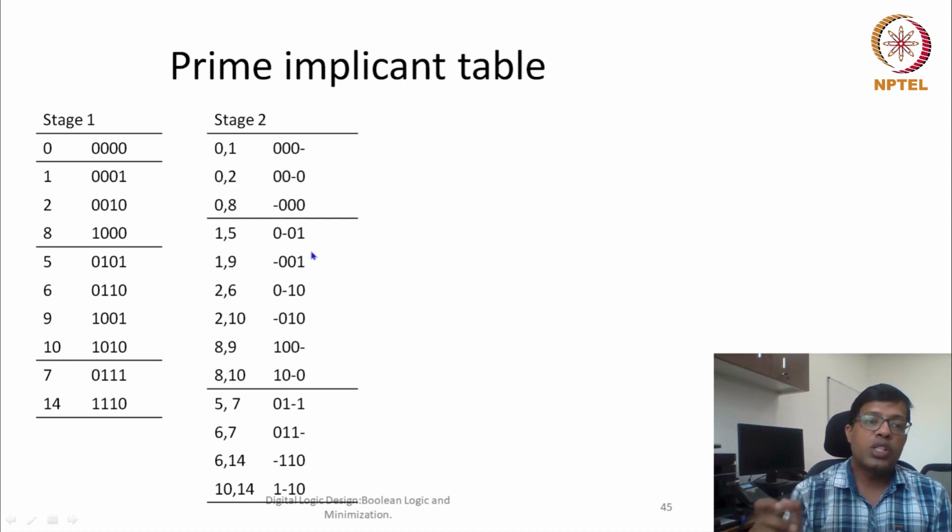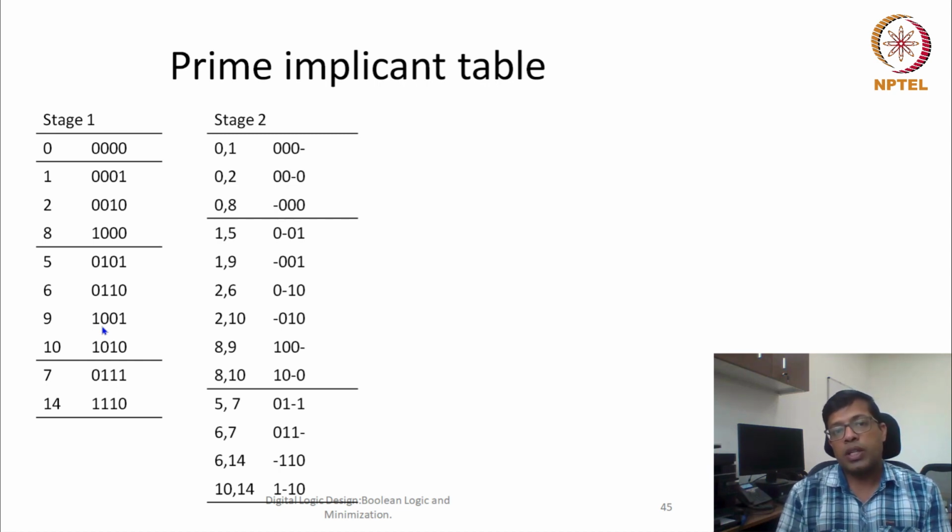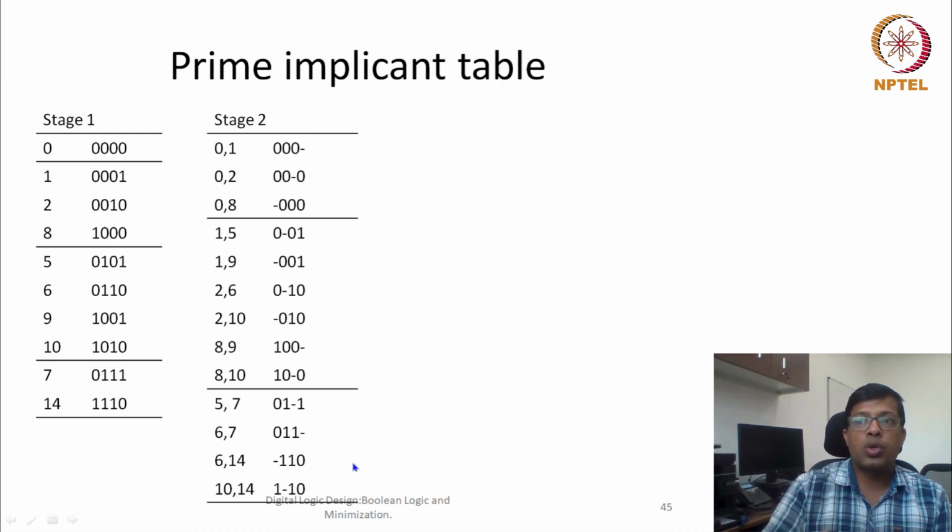But the condition for this combination is that they should be created in the form of these groups, and only the smaller number can be subtracted from the larger number, and the difference should be a power of 2. Then they can always be combined. So with this, after this stage 2, we can also keep on doing this process for stage 3 or stage 4.